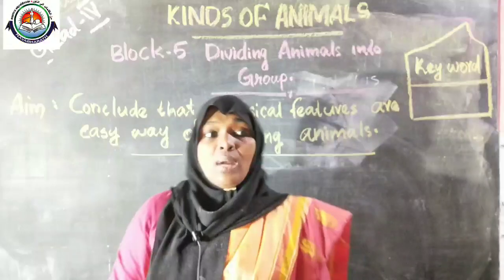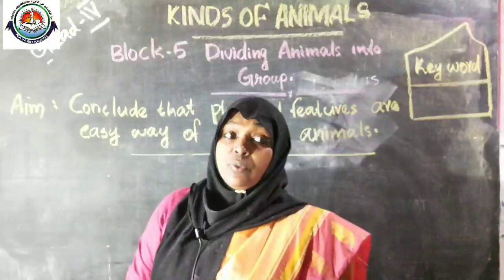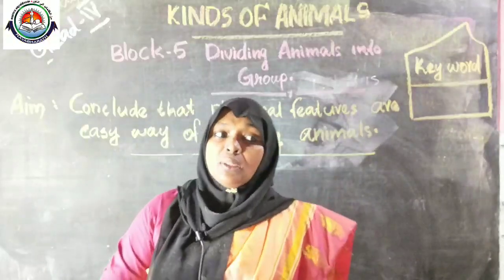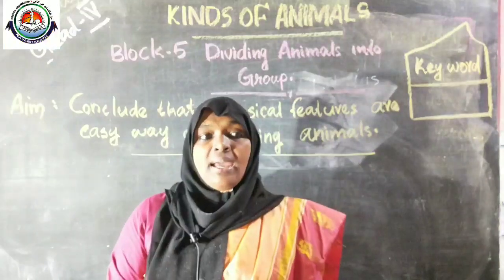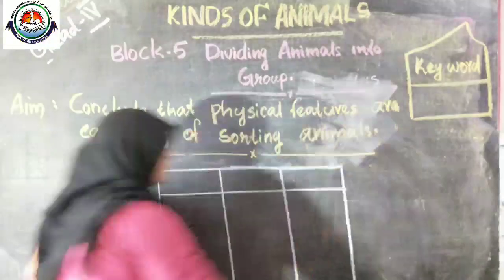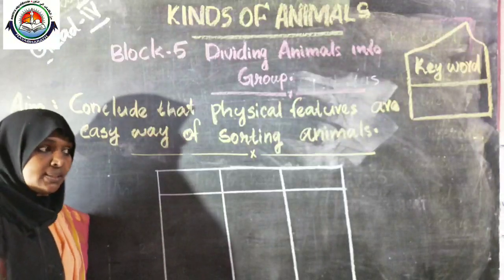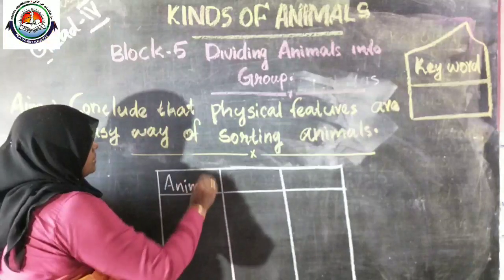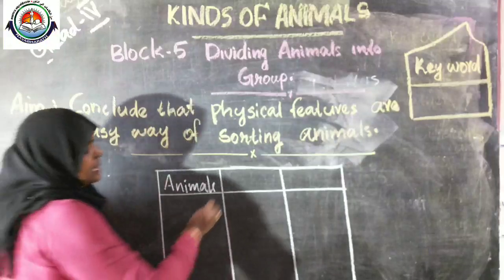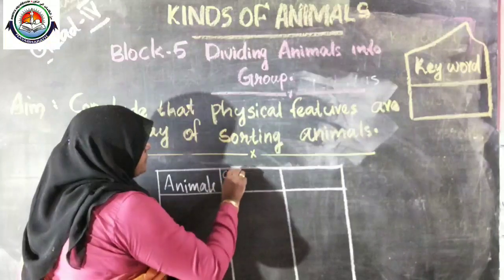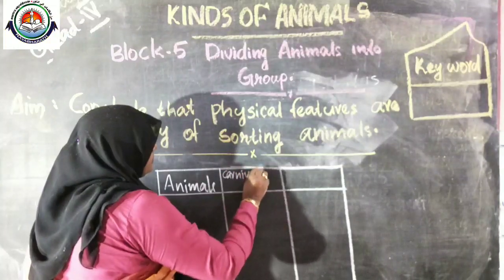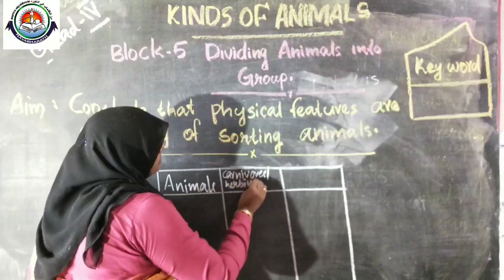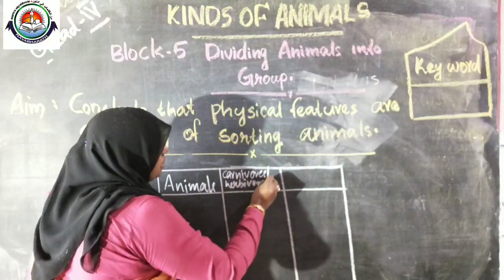Okay. Then you have to paste 3 animal photos in your A4 sheet and write what they eat and where they live. Paste 3 animal pictures here and write the feeding habits here, that is carnivore, herbivore or omnivore.